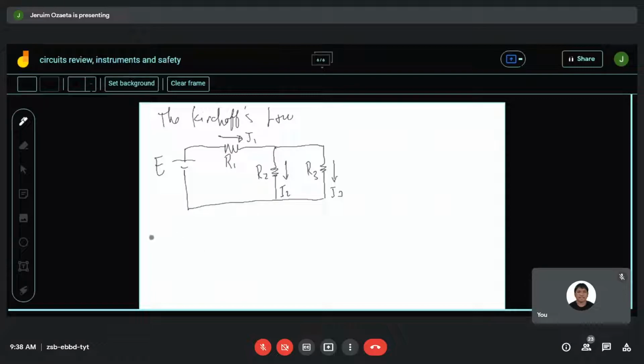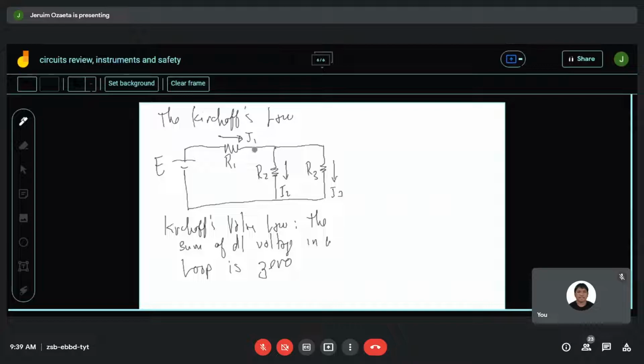Sabi ng Kirchhoff's law, the Kirchhoff's voltage law states that the sum of all voltages in a loop is 0.